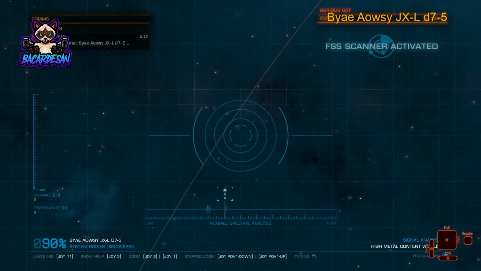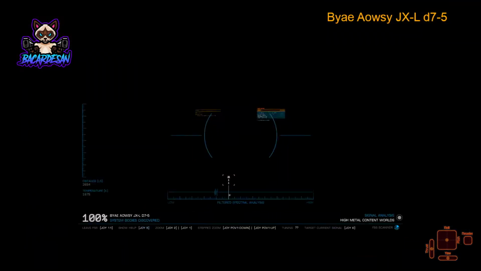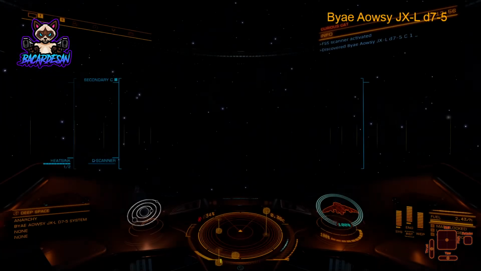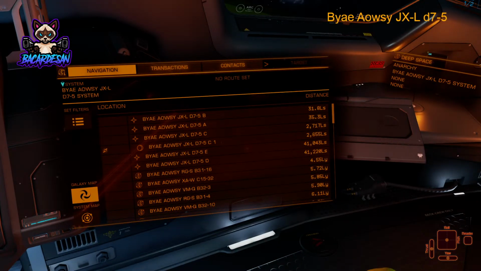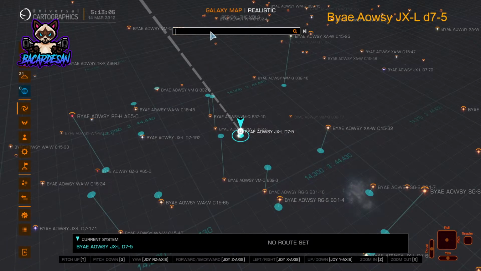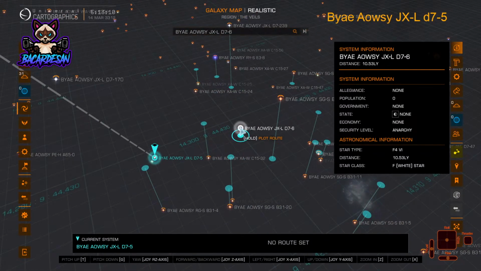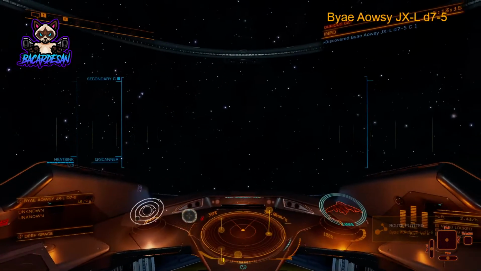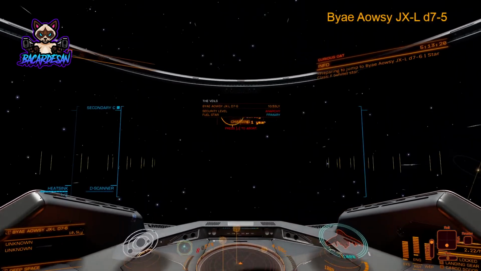No Earth-likes or anything cool here. 5 of the 6 bodies were stars. Frame shift drive charging.